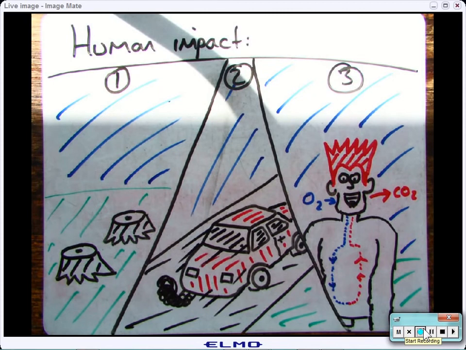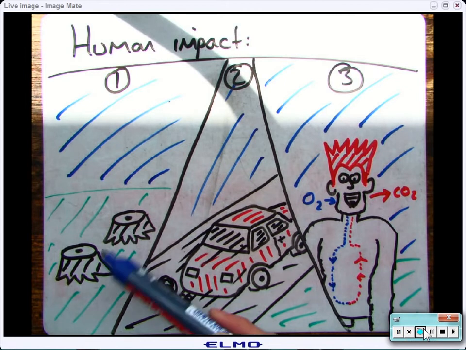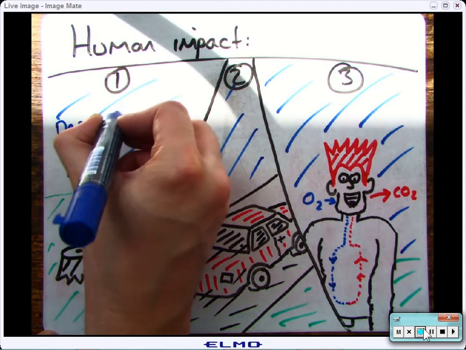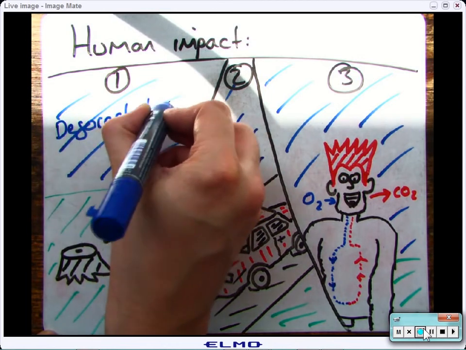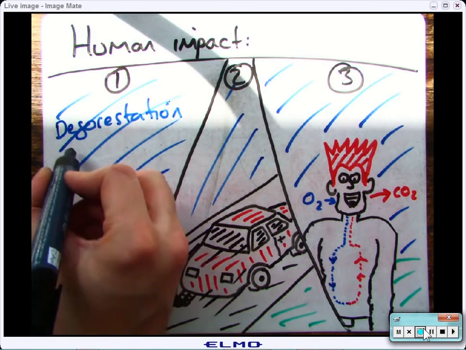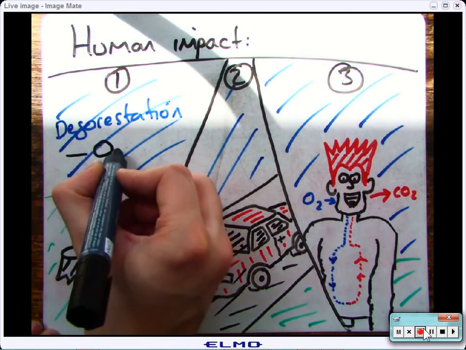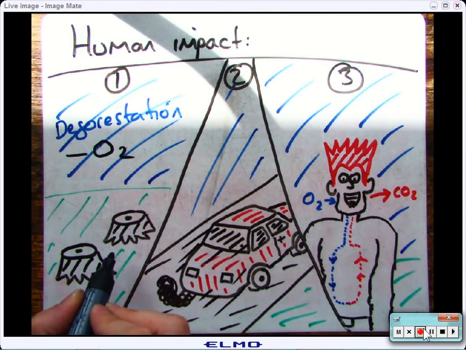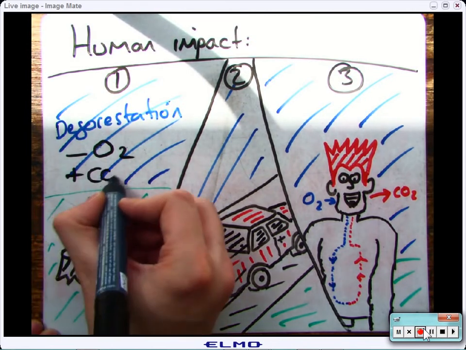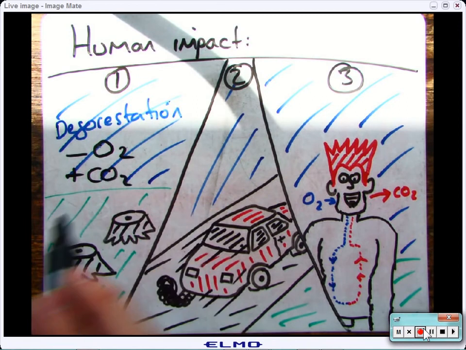And just to define a little bit, the three main ways that we're affecting the amount of carbon dioxide in the atmosphere. The first way is deforestation. By cutting down the trees, what we're doing is reducing the amount of photosynthesis, so there's less oxygen going out to the atmosphere, and there's more carbon dioxide because there's less trees to take it in.